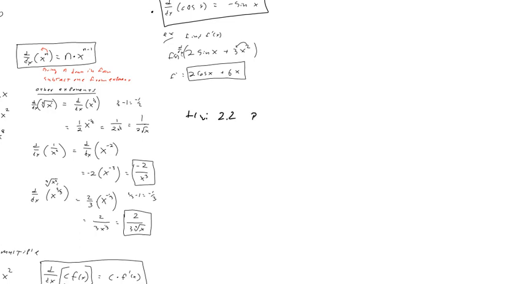I'd like you to do numbers 7 to 25, odd. And I'd like you to try 31 to 54.